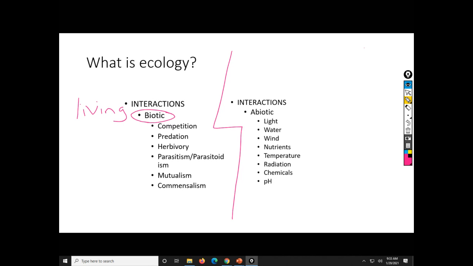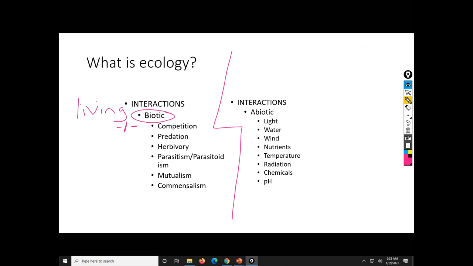If I'm looking at competition, that's where we have two organisms that are going to have negative impacts on each other. If I'm a squirrel running around looking for nuts, and I'm a chipmunk running around looking for nuts, as the squirrel, my life would be significantly easier if that chipmunk did not exist.